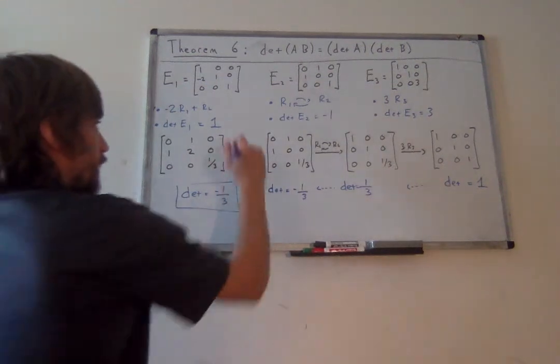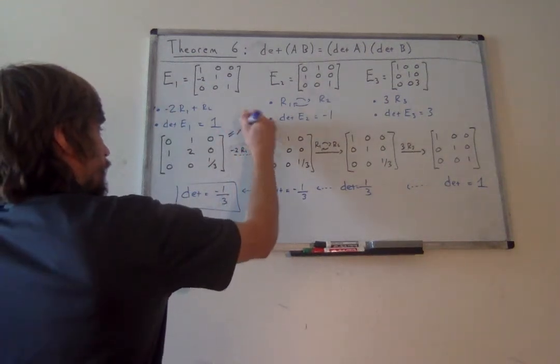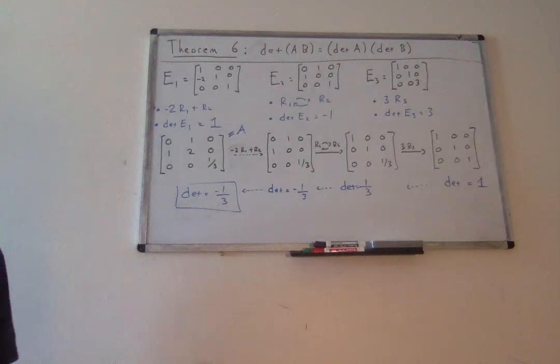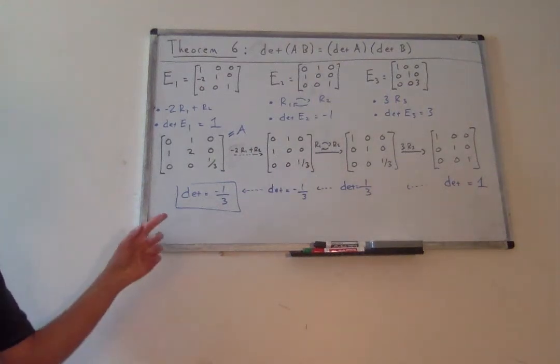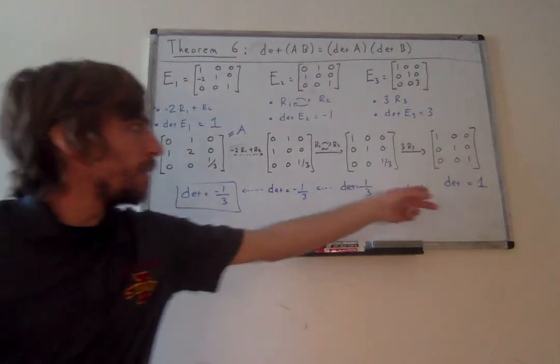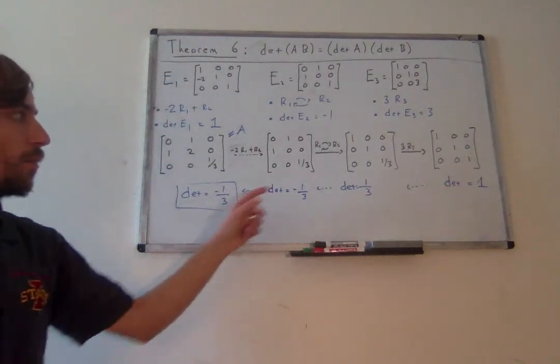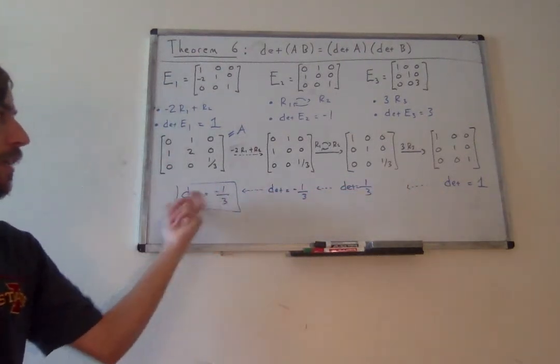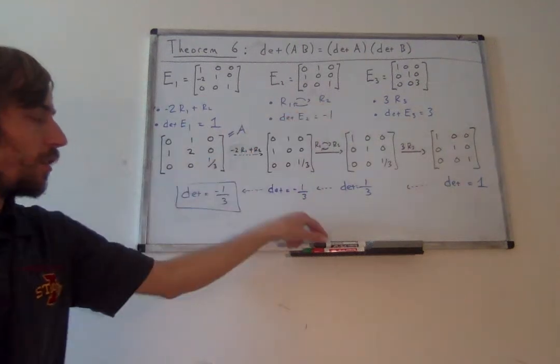And so if I let this matrix be A, then notice I calculated the determinant of A by multiplying by the reciprocals of all of these.